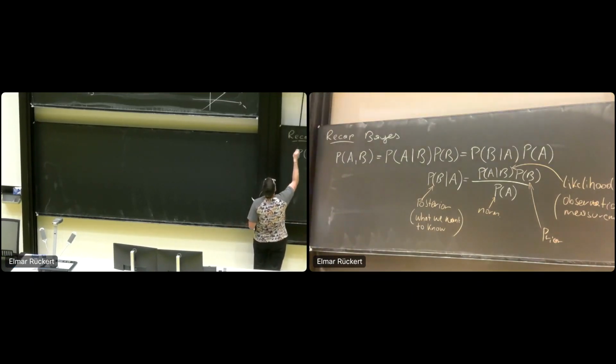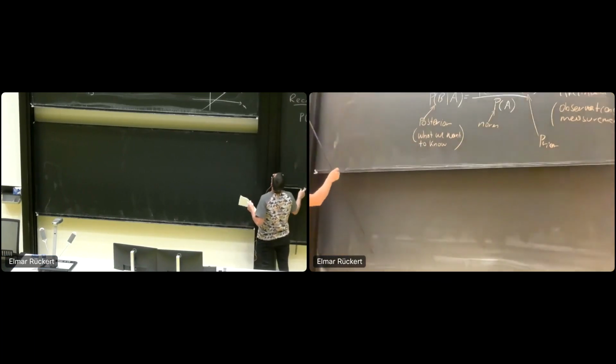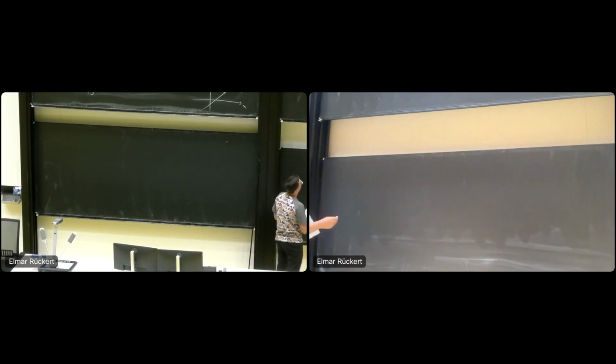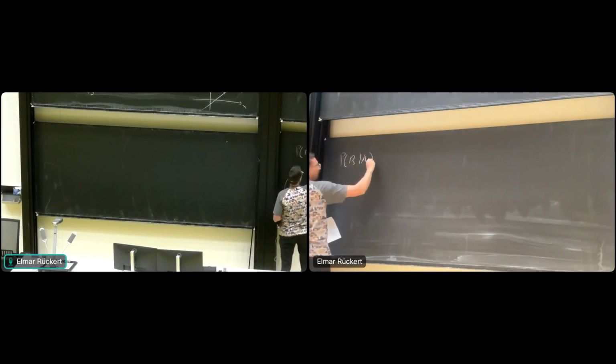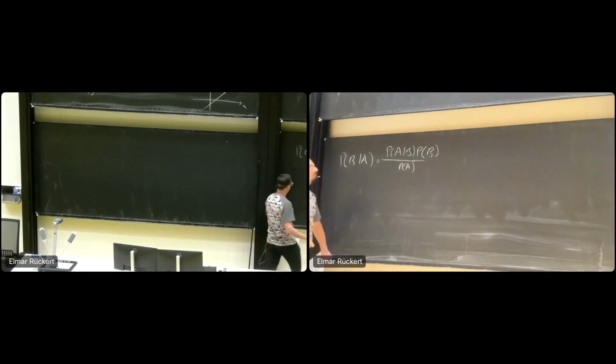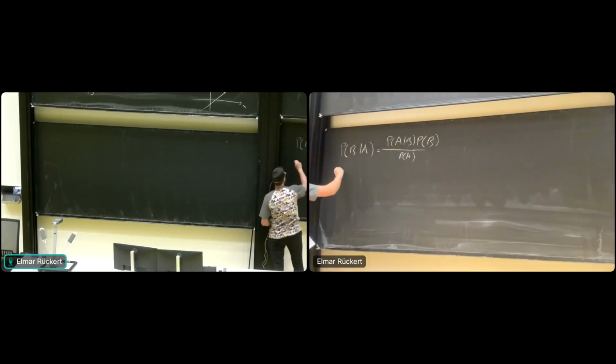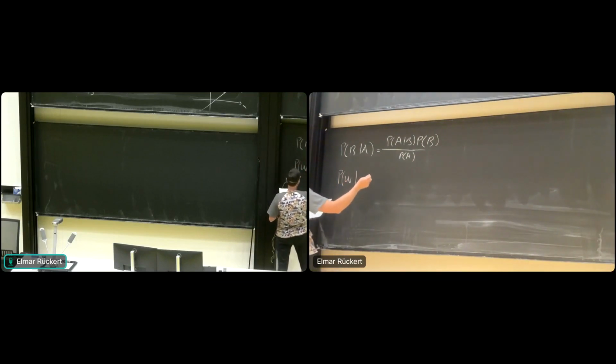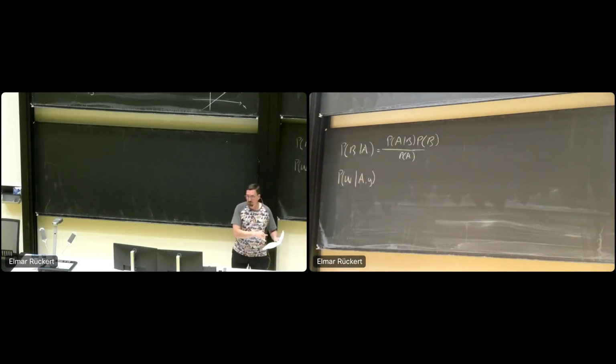Let's put it on top. So from the Bayes rule that we derived just now, P of A given B times P of B divided by P of A, we say we want to learn W. So we want to compute the distribution over W given our transformed input data samples and our targets.